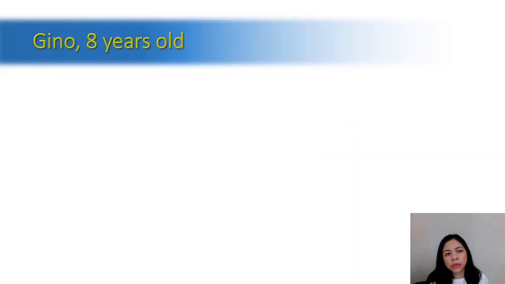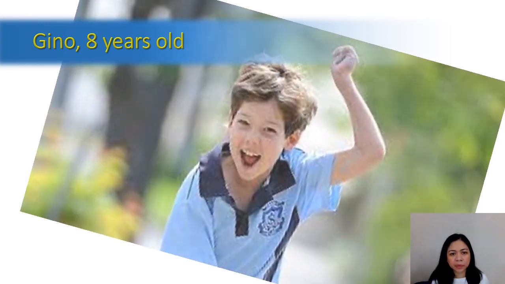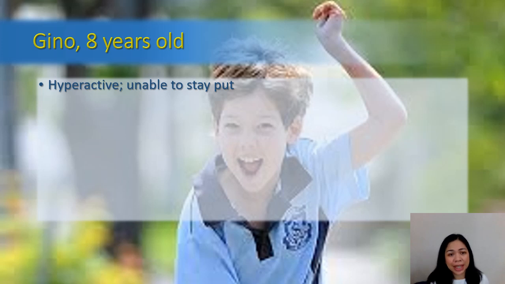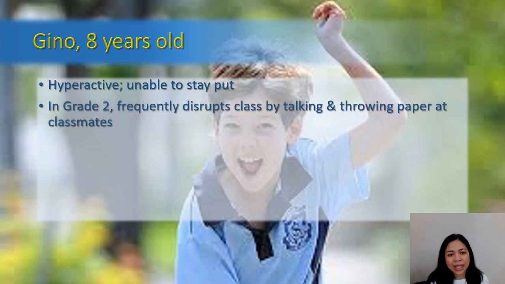Let's now go to the case of Gino, who's 8 years old. Gino is also hyperactive. He's unable to stay put. He's in grade 2, but he frequently disrupts class by talking and throwing paper at his classmates.